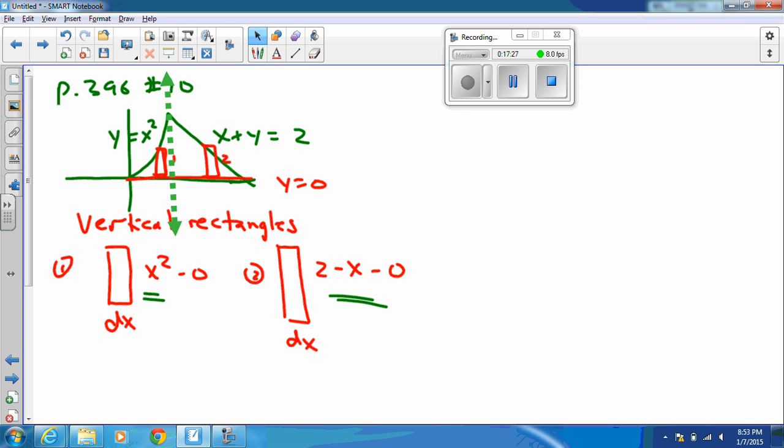The height is x squared. And for all the rectangles that are to the right, the height is 2 minus x. And that means that if I were to set this up in terms of x, I would have to use two separate integrals to make it happen.